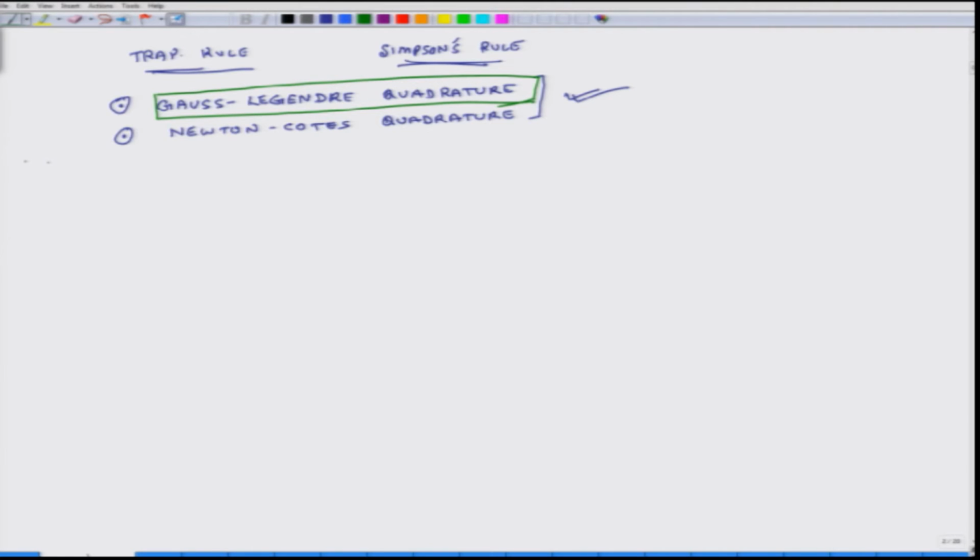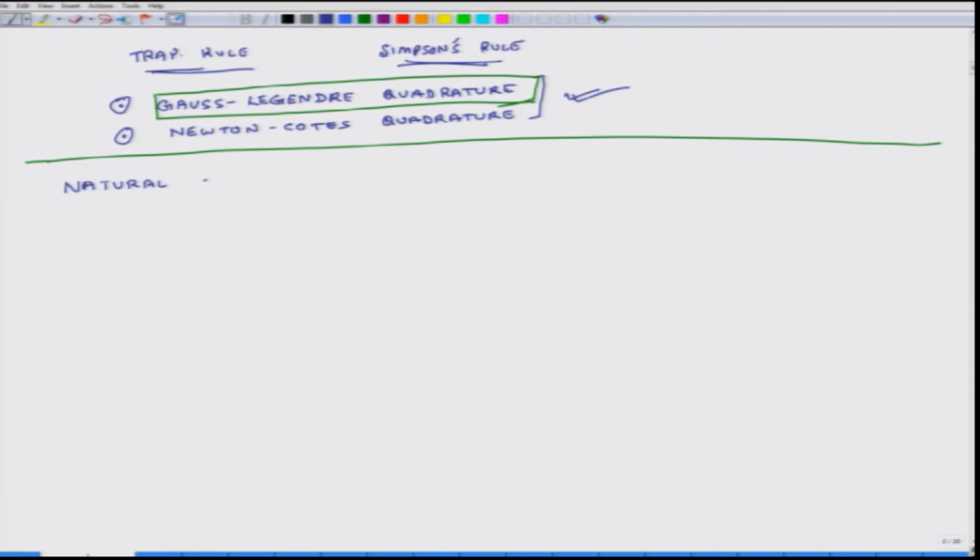Before we start doing that, I wanted to introduce this notion of natural coordinate system, which is extremely important. Natural coordinates.